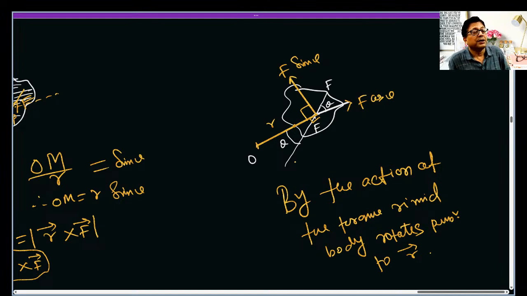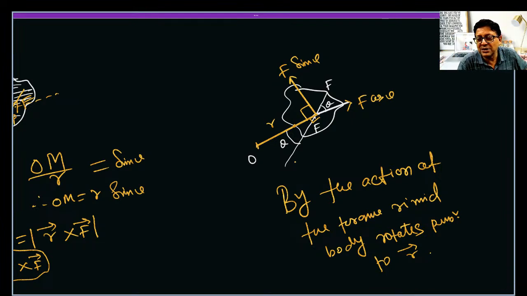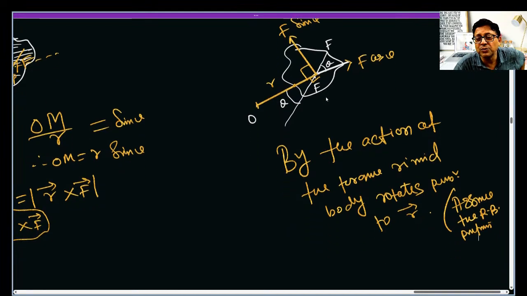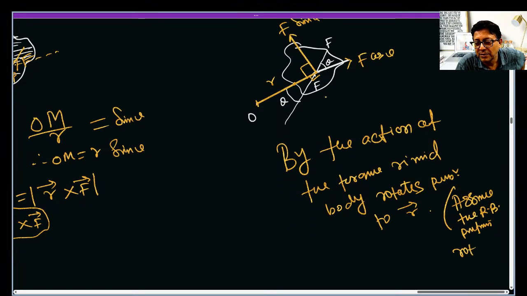But there is a consideration. What consideration? Assume the rigid body performs rotational motion only, and has no translational motion. Think, when we apply a force to any object, who told you that it will rotate in the perpendicular direction only?